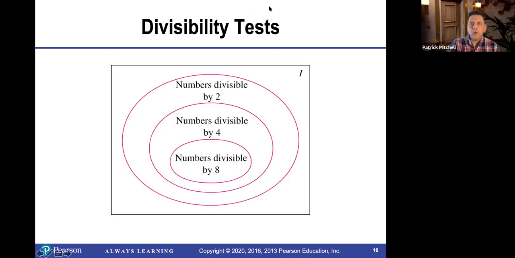All right, if I were to place that number in this Venn diagram, it would be out here somewhere. It is divisible by 2, but it's not divisible by 4, therefore it can't be divisible by 8.